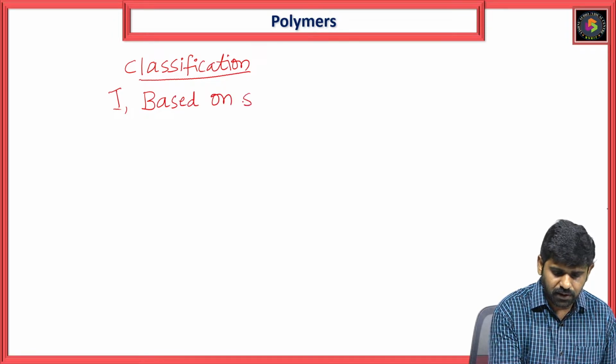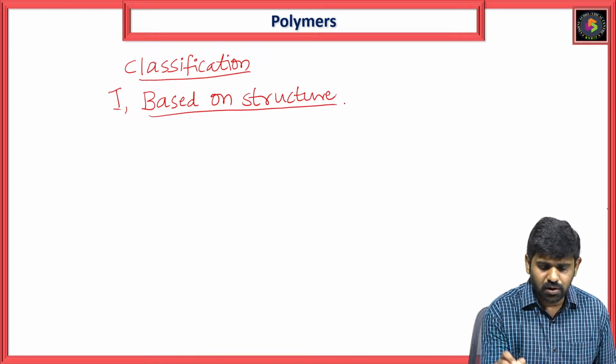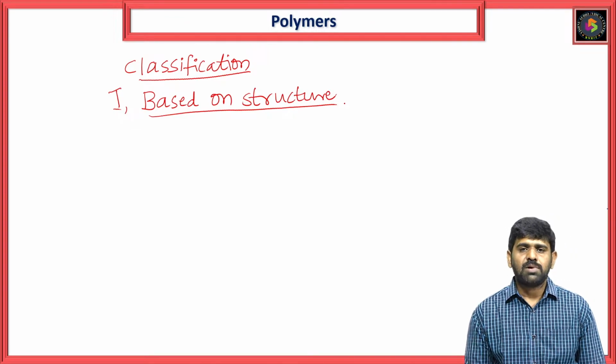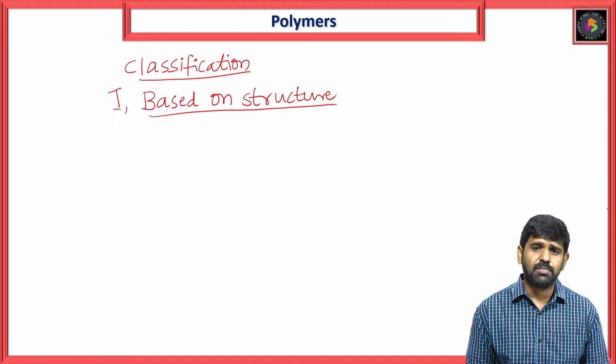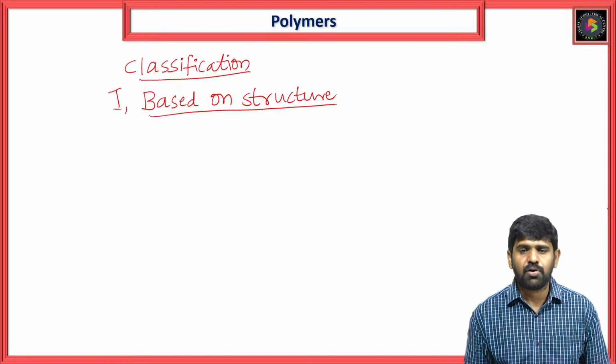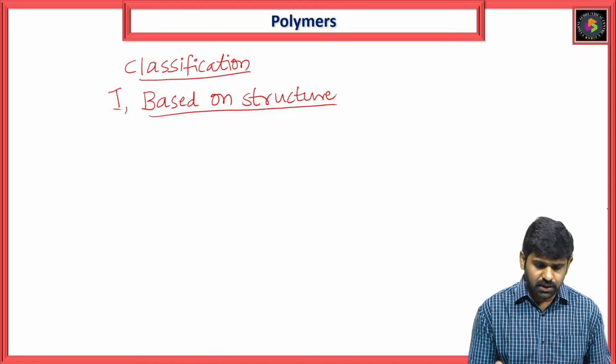Based on structure, polymers are of 3 types: linear chain polymers, branched chain polymers, and cross-linked polymers.